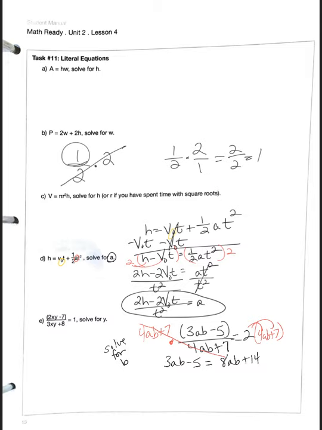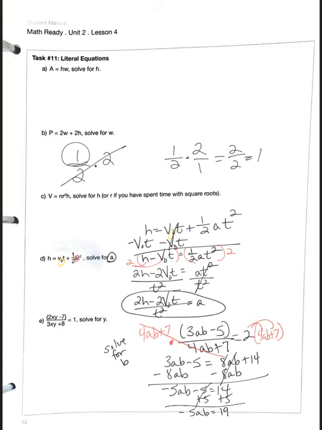I'm going to subtract 8ab to get them combined together, and that'll give me negative 5ab, and I still have that minus 5 there. We're going to add 5. That cancels, and that's going to leave you with this. Negative 5ab equals 19. And remember, we're solving for b.